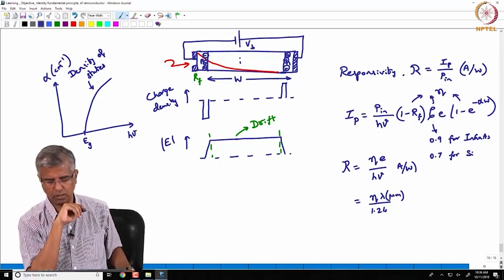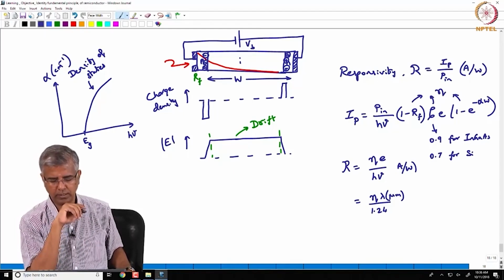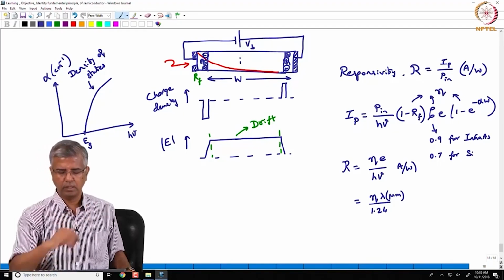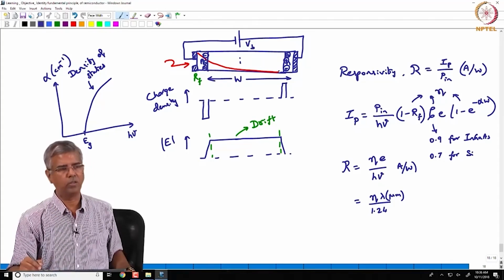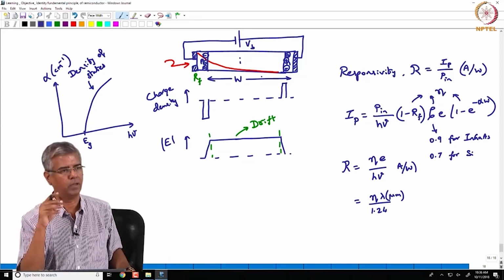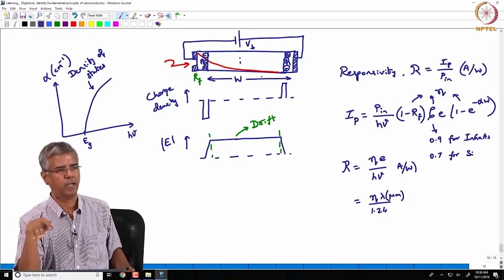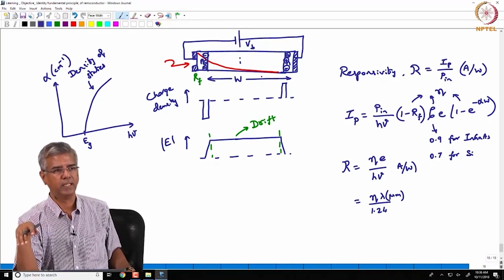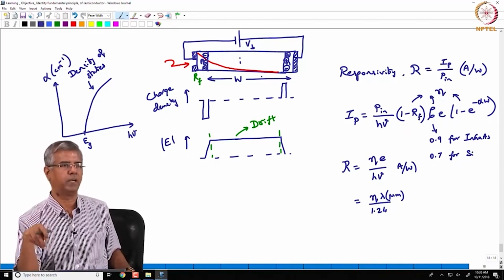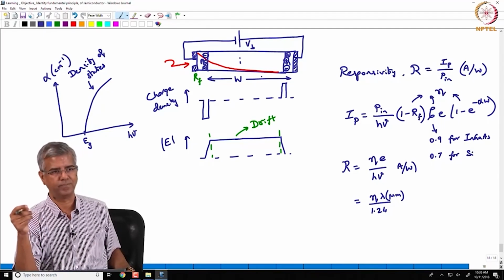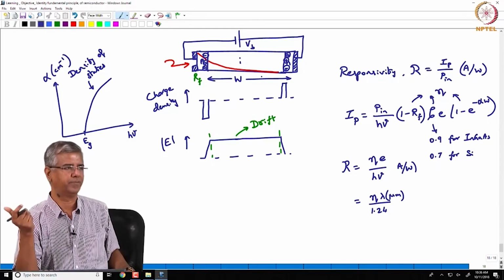So, that actually gives us some thought. What it tells you is that this profile that I have drawn over here, the rate at which the power is absorbed within the material, is for a particular wavelength or particular frequency.